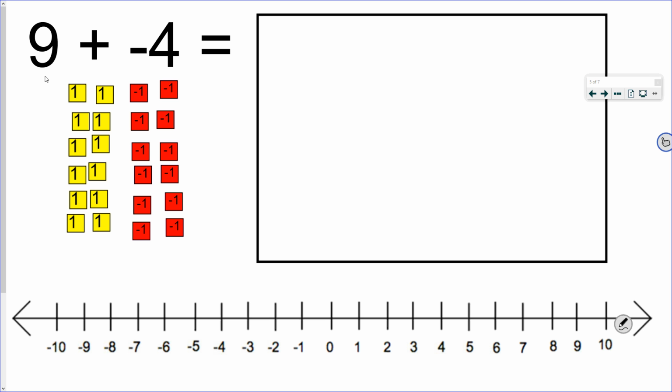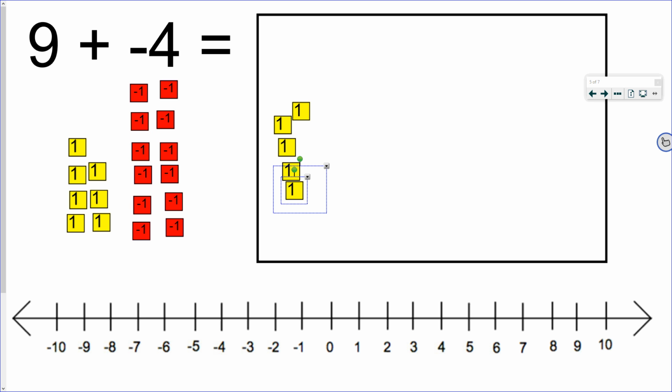And you guys are very smart. We have obviously more positives. 9 positives, and only 4 negatives. So I'm dragging those over so we can demonstrate it with the model.